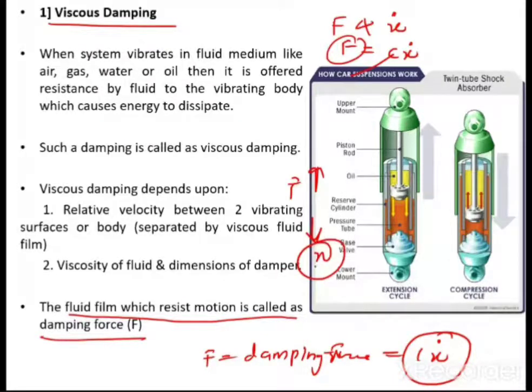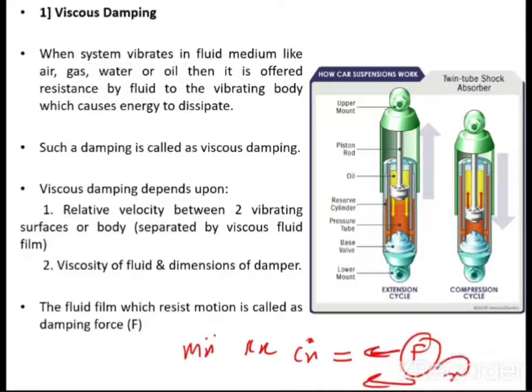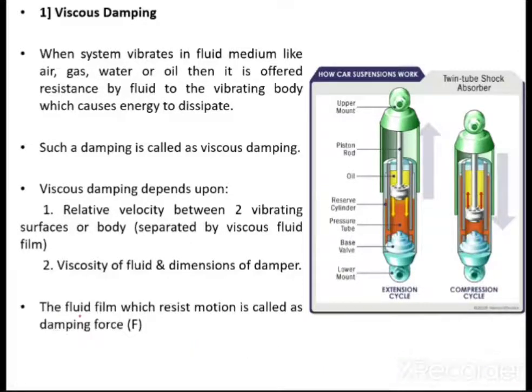If you are providing a motion x in a downward direction, this damping force will act opposite. We have three forces: mx double dot, the inertia force; kx, the spring force; and cx dot, the damping force. All of these oppose the applied force F, or you can say they oppose the applied motion x. I hope the fundamentals of viscous damping are clear.